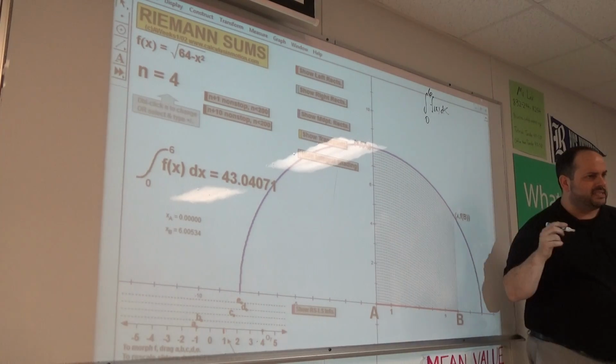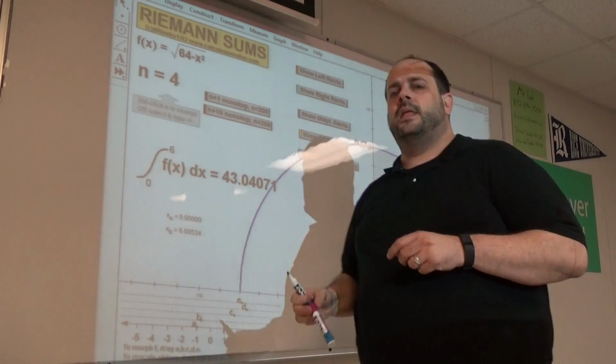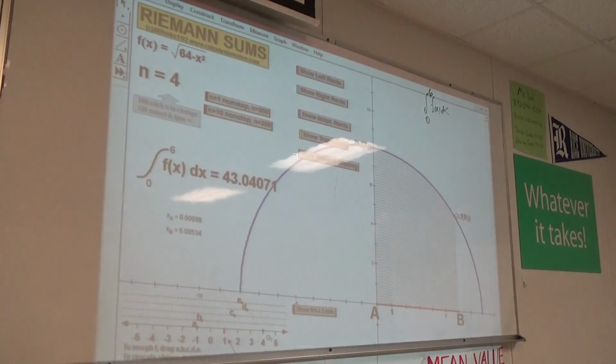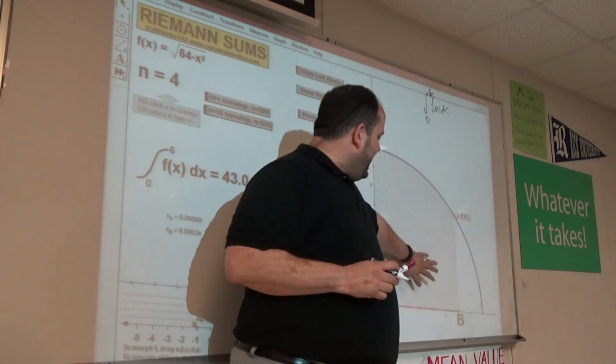This is in yesterday's handout, which you need to find. Yep, you're going to need it. The one we did at the end of class yesterday, I forget which method. Left endpoint method. Okay.